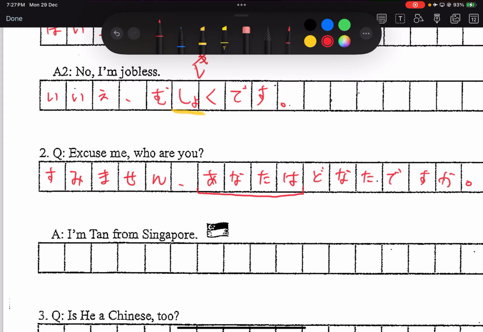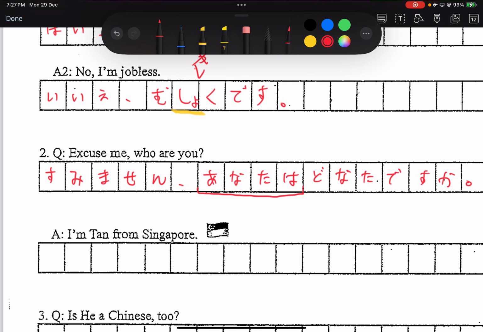We are approaching you and we're in front of you, so we just say, who are you? あなたはどなたですか is too long, and at the same time it sounds a bit childlike, not adult. So we just go straight and say すみませんどなたですか?